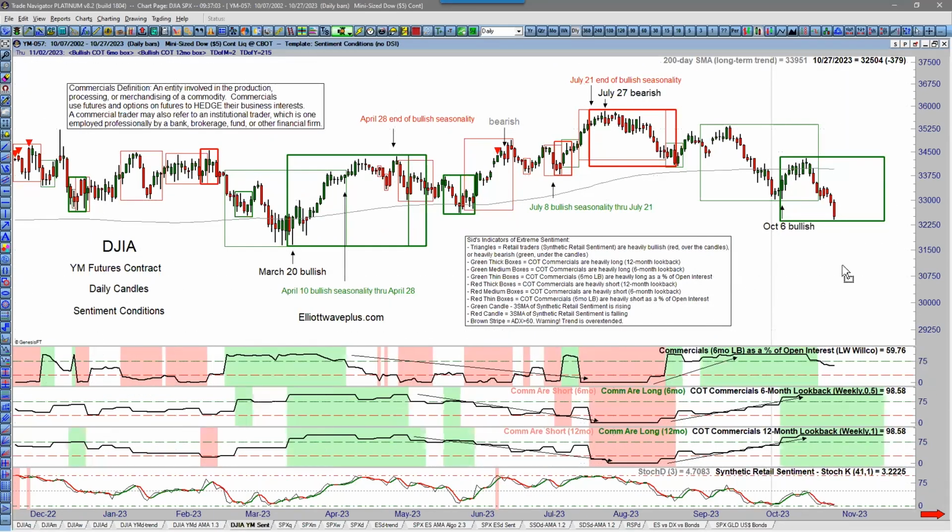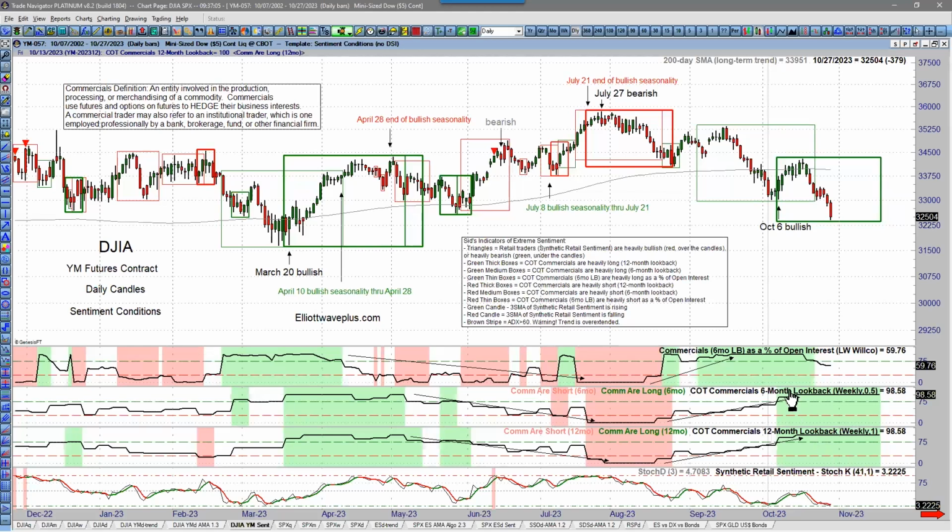Also, on the Dow Jones Industrial Average, commercials are all still heavily long, and that's what I was basically just saying. And it very well could be based on sentiment that the buying that we see in the fourth quarter will be in old line safe haven stocks.